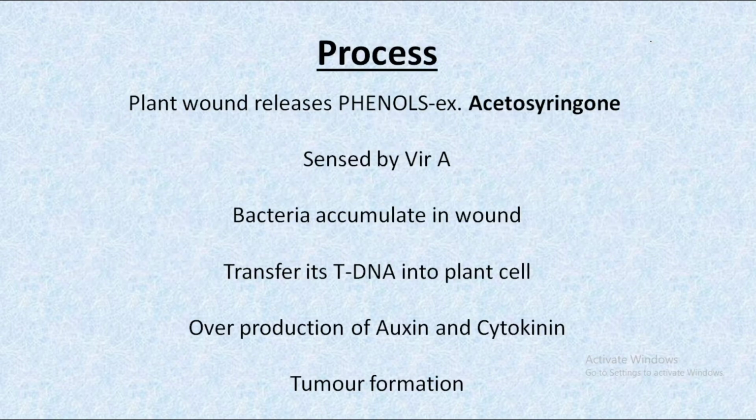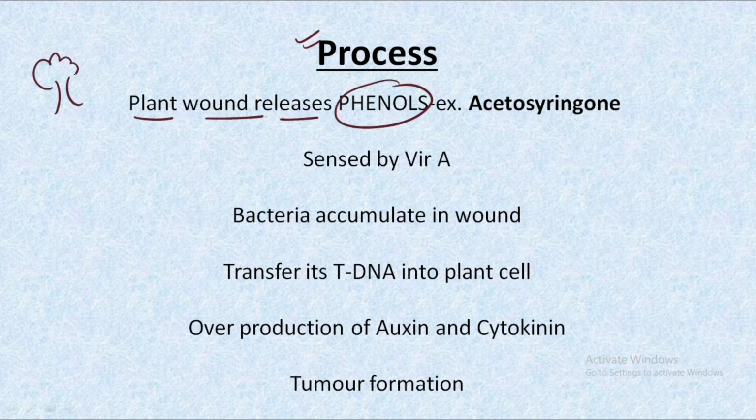Now let's discuss the basic pathway that is followed. As we have discussed, the plant wound releases phenols. That is, when a plant has some kind of injury, it tends to release phenolic compounds out of those wounds, for example acetosyringone.